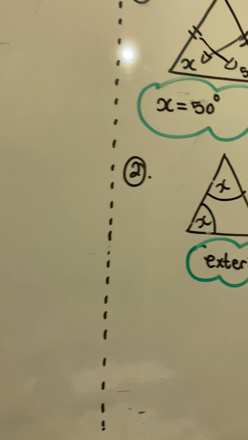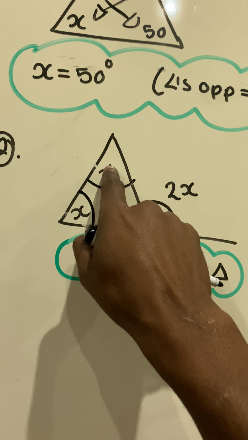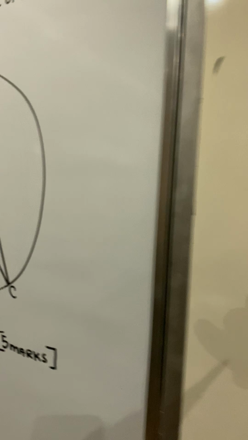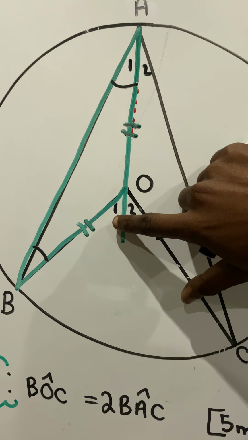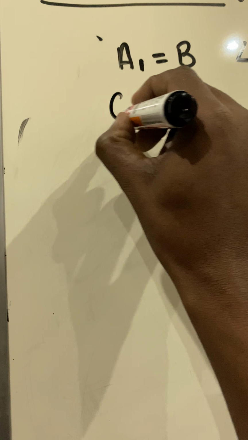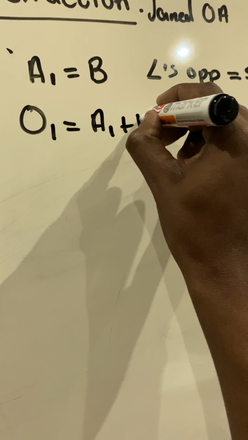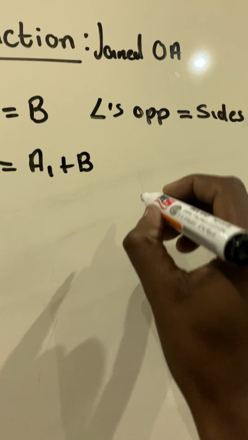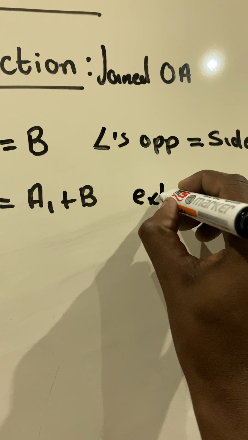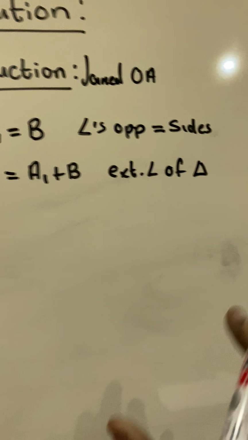What do you know about the exterior angle of a triangle? The exterior angle of a triangle is equal to the sum of the 2 opposite interior angles. That means O1 is equal to A1 plus B. Then the reason will be exterior angle of triangle.